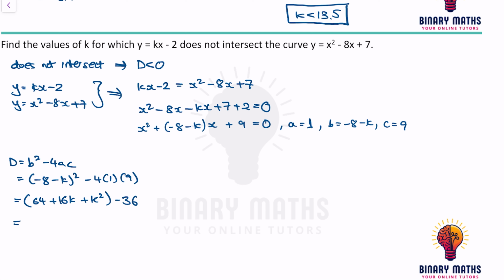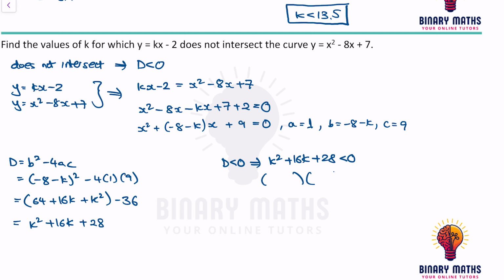If I simplify this, I get k squared plus 16k, 64 take away 36 gives me plus 28. We know in this case the discriminant is less than 0, which implies k squared plus 16k plus 28 must be less than 0.